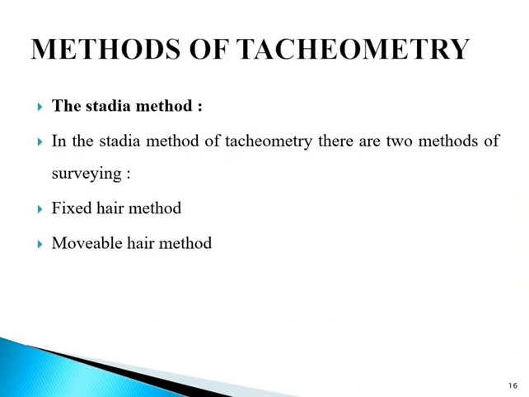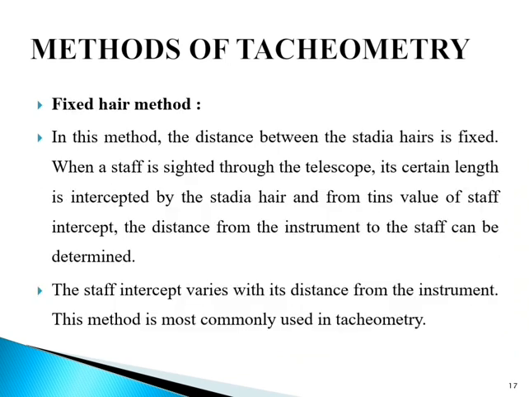In the stadia method of tachometry there are two methods of surveying: the first is the fixed hair method and the second is the movable hair method. In the fixed hair method, the distance between the stadia hairs is fixed.